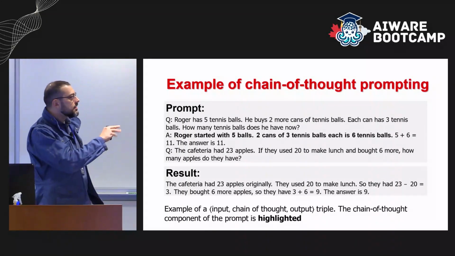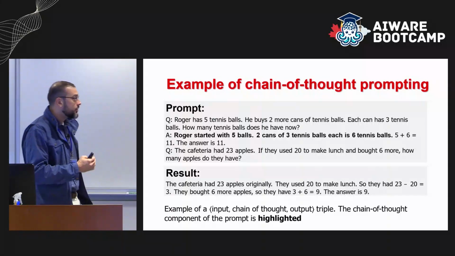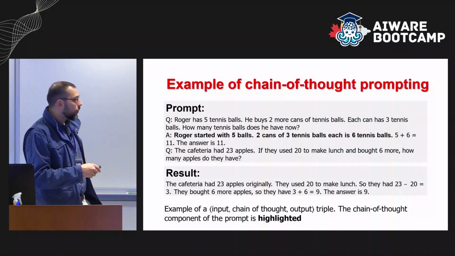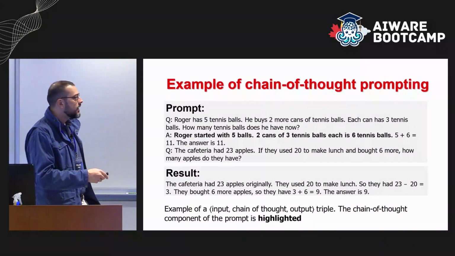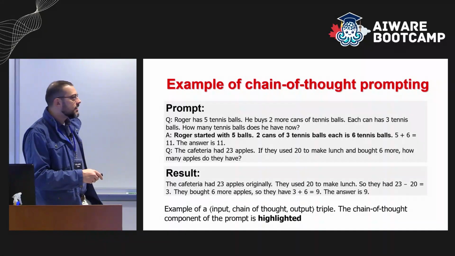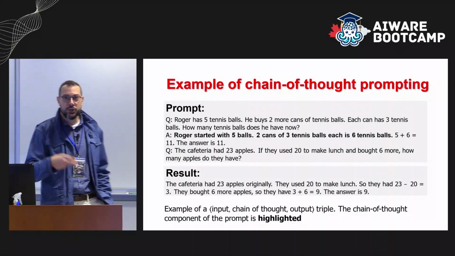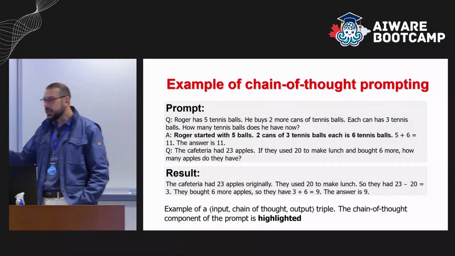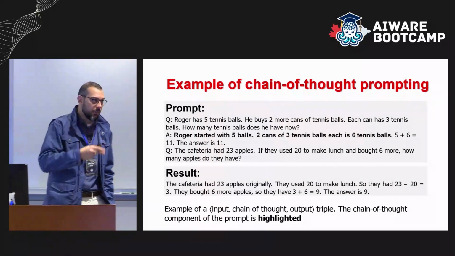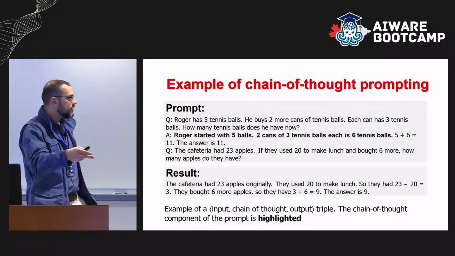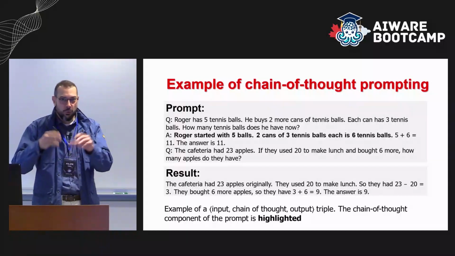So it's the same problem as I previously showed, okay? So Roger had 5 tennis balls and so on. Now, what changes is, instead of me giving the model the answer directly, I show the model how it should break this problem down to arrive at an answer, okay? Or how to reason over the problem.